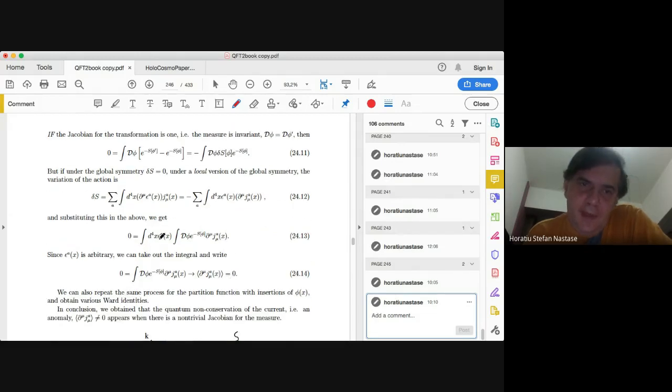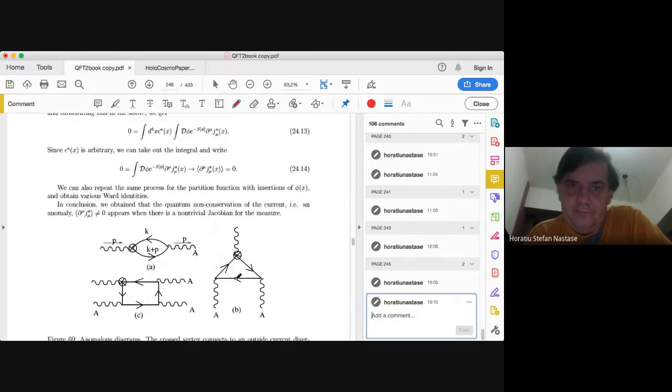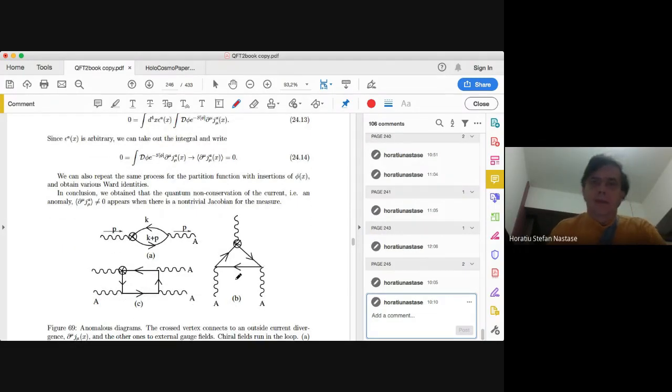And since this is for any epsilon of x, I can peel off this, and I have just that the vacuum expectation value, meaning this partition function with d mu j mu a inserted, is equal to 0. And then we can get other Ward identities if I insert other fields inside the partition function.